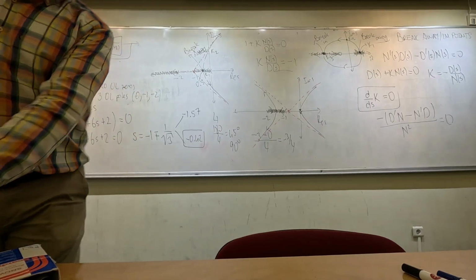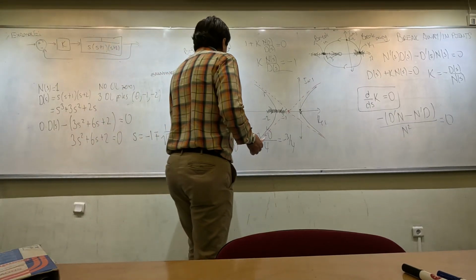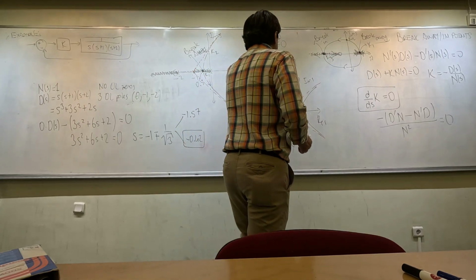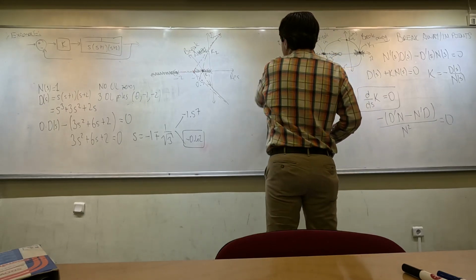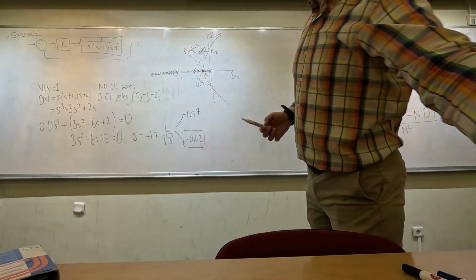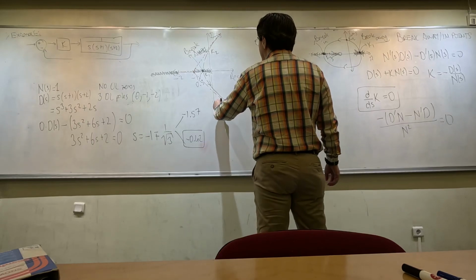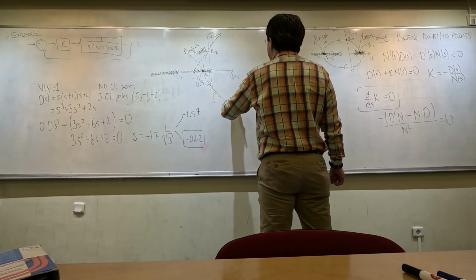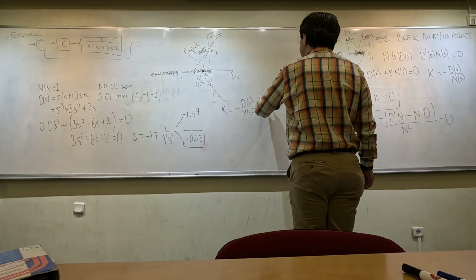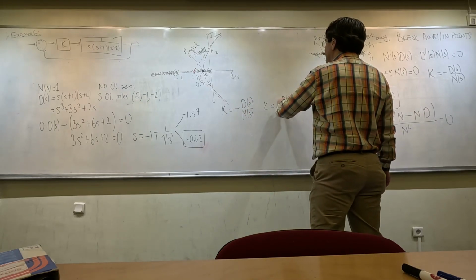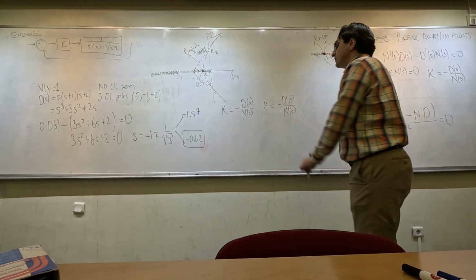So here, remember, by using this, you can actually calculate what the k values for each of these roots would be. Okay? And you can calculate k values using either of the methods. Either k is equal to minus d of s over n of s, or k is equal to minus d prime of s divided by n prime of s.